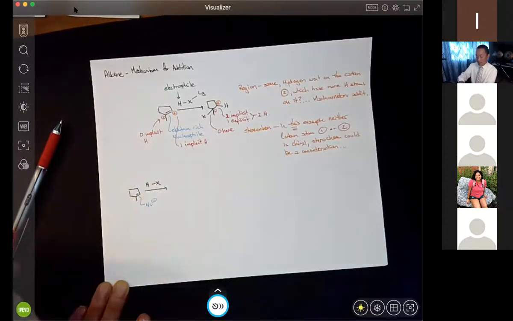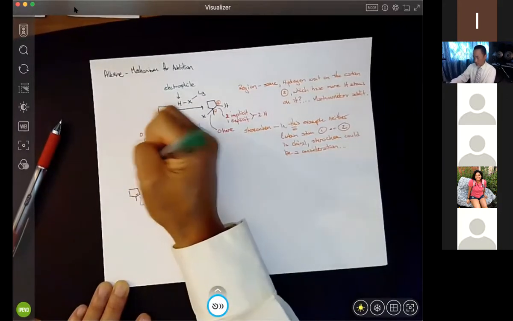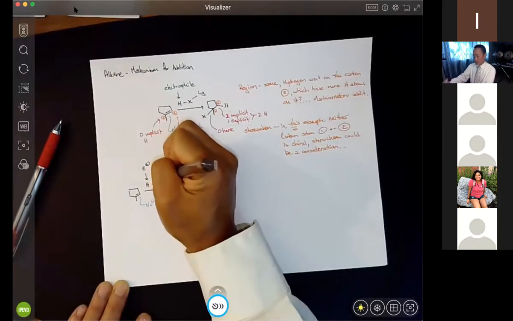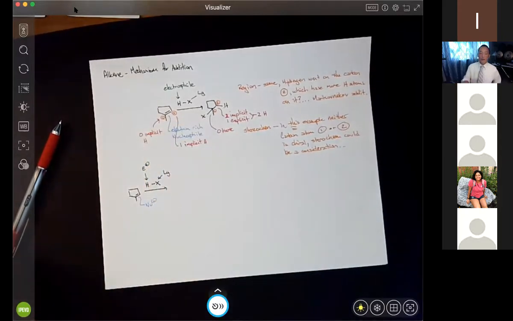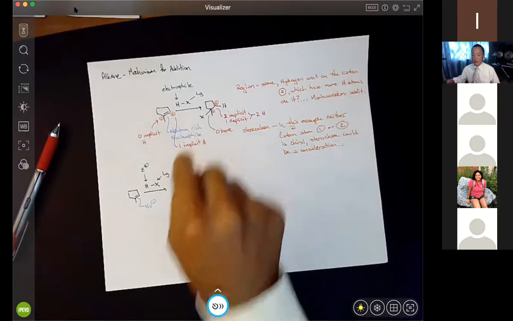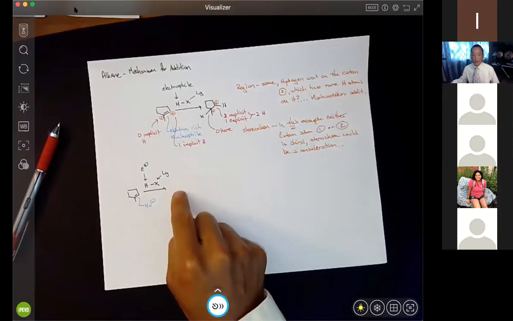We've already stated that this species right here will behave as our electrophile. And then as a result, something's got to leave. That's this right here. If you can do this by just identifying the behaviors, then the reaction becomes really quite simple.